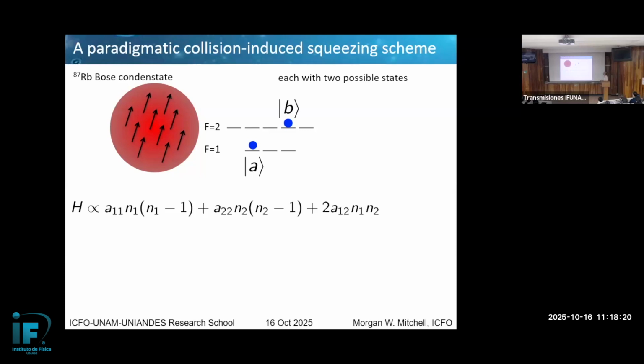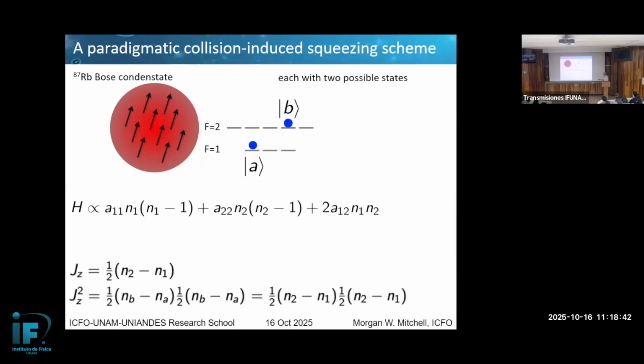interhyperfine scattering length. That doesn't yet look like the one-axis twisting Hamiltonian, but if we remember that our Z component is the difference in number, Jz squared is then a second order polynomial in N1 and N2.